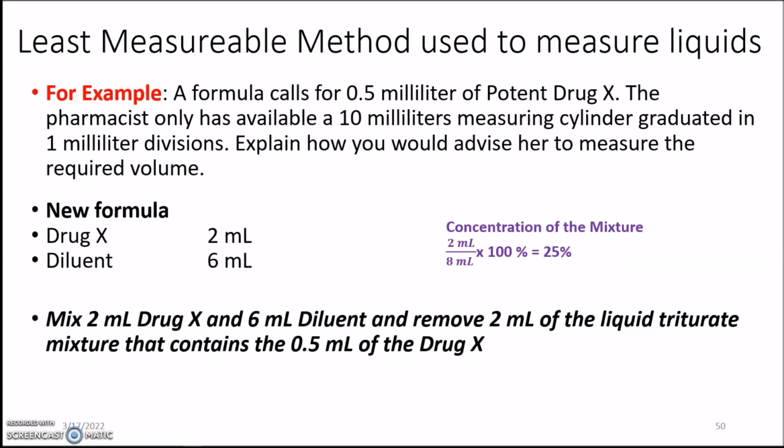So it means then, if you're making a 25% volume in volume solution, depending on the volume you're making, obviously you're making 8 mils, you will be able to remove 2 mils of that 8 mils to get 0.5 mils of drug X. Or another way of saying it would be that every 2 mils will contain 0.5 mils.